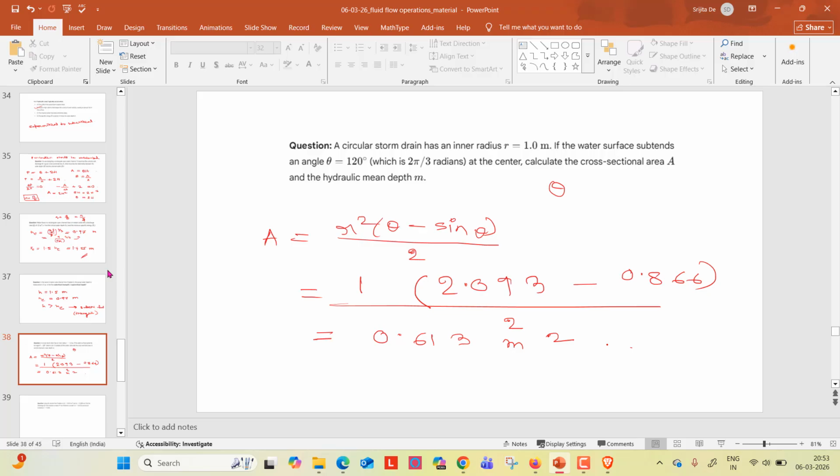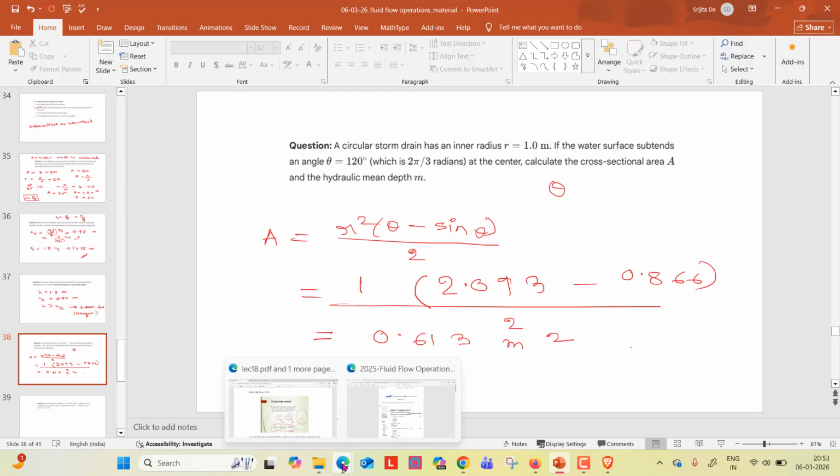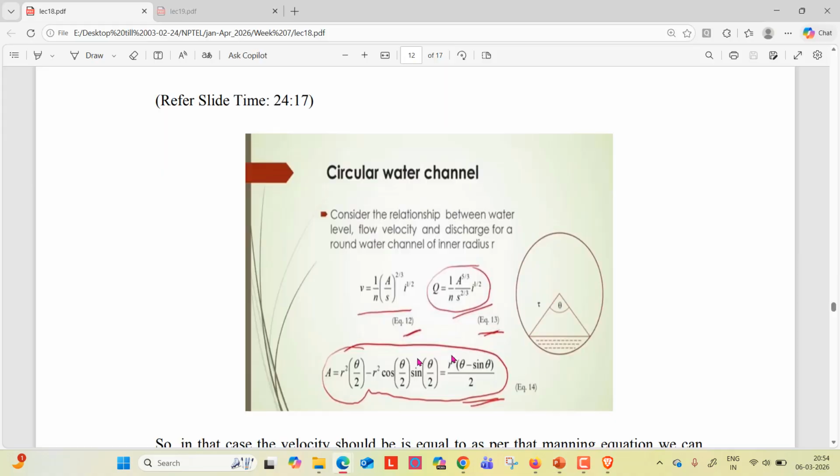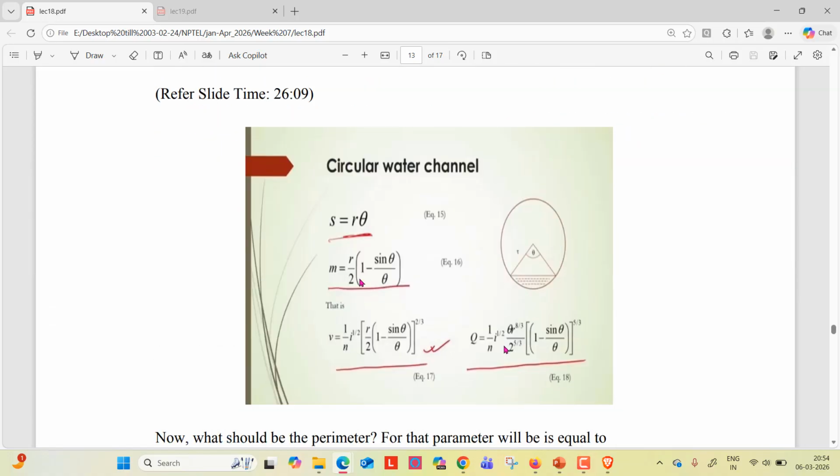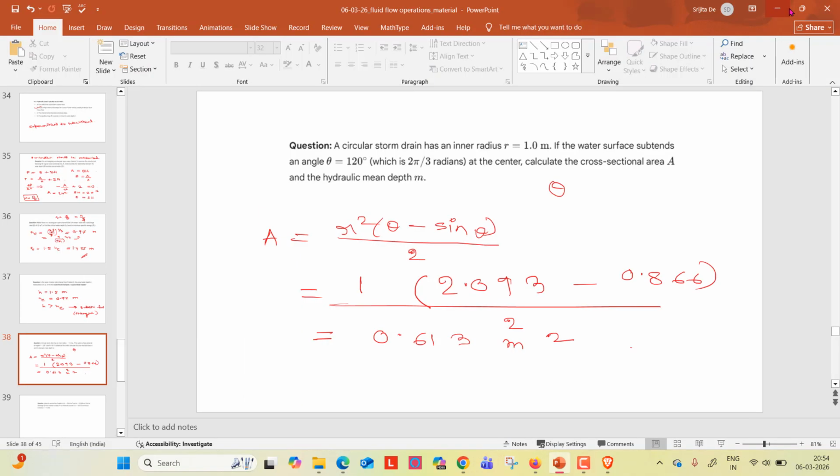And the hydraulic depth. Hydraulic mean depth formula is also given. R by 2 into (1 minus sine theta by theta). So mean hydraulic depth M is R by 2 (1 minus sine theta by theta).